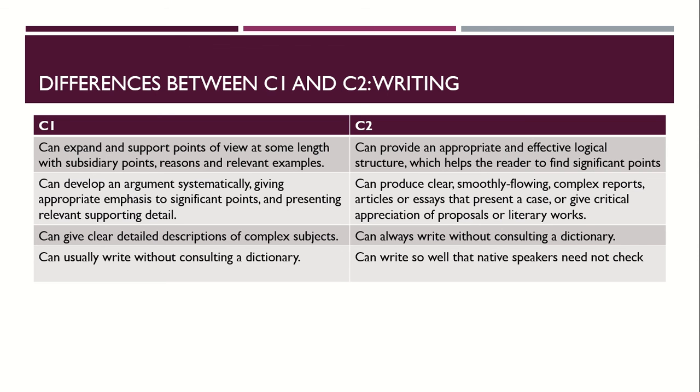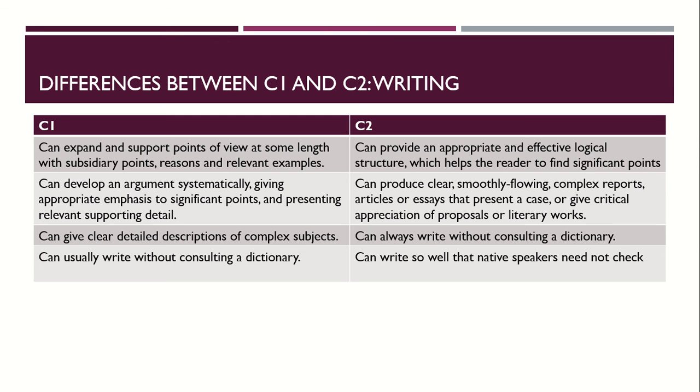On C2 level, the user can provide an appropriate and effective logical structure, which helps the reader to find significant points. Also can write clear, smoothly flowing complex reports, articles, or essays that present a case or give critical appreciation of proposals or literary works. Can always write without consulting a dictionary, and finally can write so well that native speakers need not check.